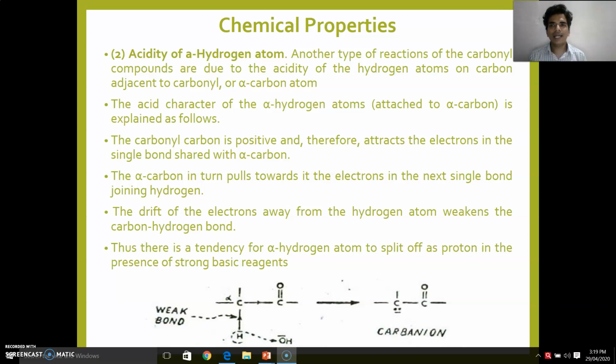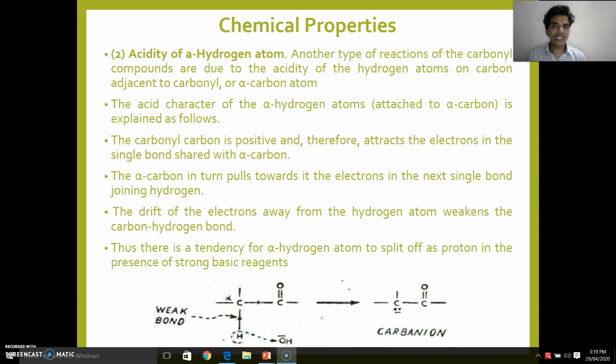So what happens is that the acidic character of the alpha hydrogen atom, which is attached to the alpha carbon atom, has specific characteristics, explained as follows. The carbonyl carbon is positive and therefore attracts the electrons in the single bond shared with the alpha carbon atom.